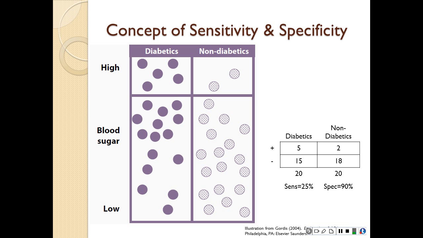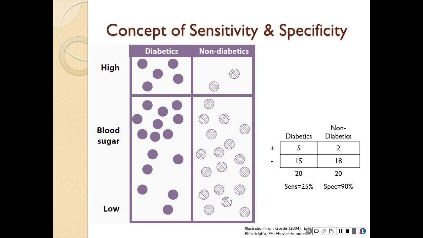It's the proportion of people identified as having the disease by the test out of everybody that truly has the disease. We know all these people have diabetes on this left-hand column, but if we use our threshold level here, we only find 5 of them. So this test does a very poor job of identifying people that have diabetes if we use this high cutoff level. On the other hand, it does an excellent job of identifying the people that don't have diabetes, so the specificity is high. When you do the math, the sensitivity is 25% and the specificity is 90%.